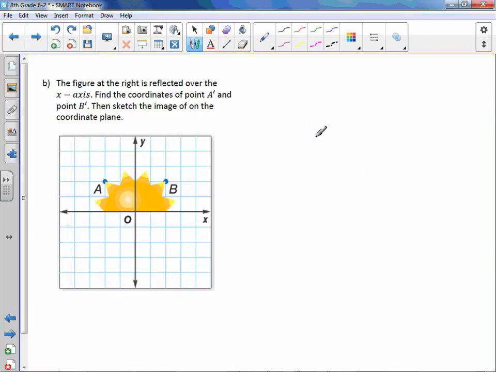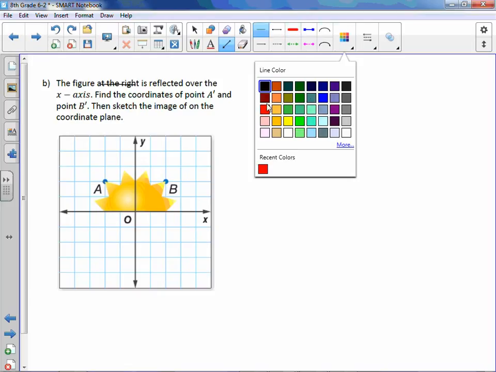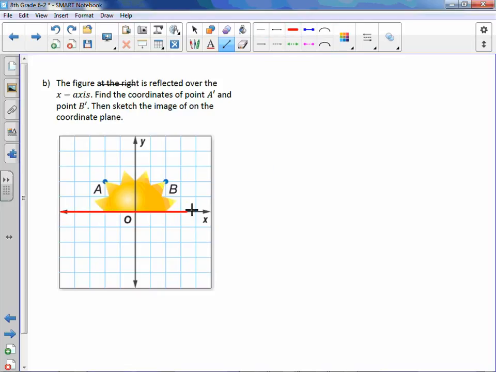The figure below is reflected over the x-axis. Find the coordinates of point A prime and B prime, then sketch the image of the figure on the coordinate plane. Okay, so we're reflecting over the x-axis, which is this right here.